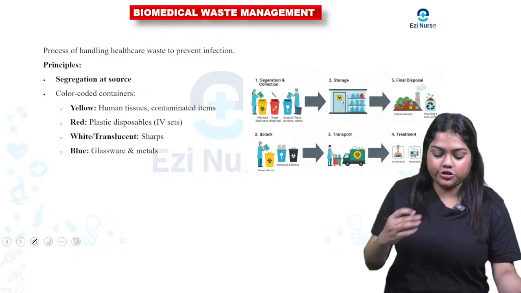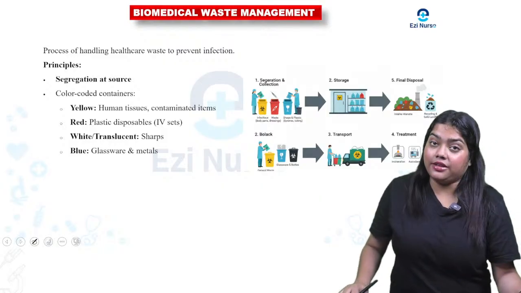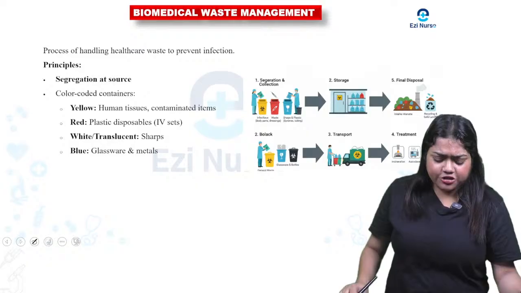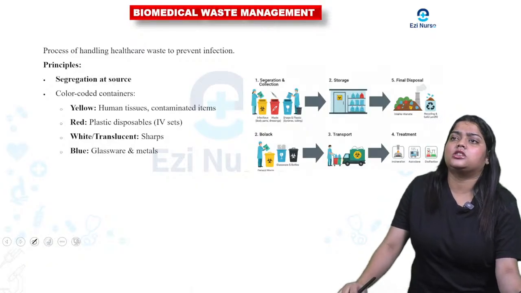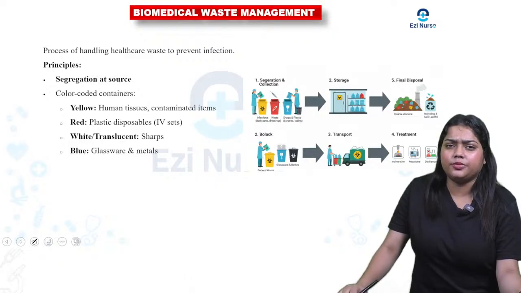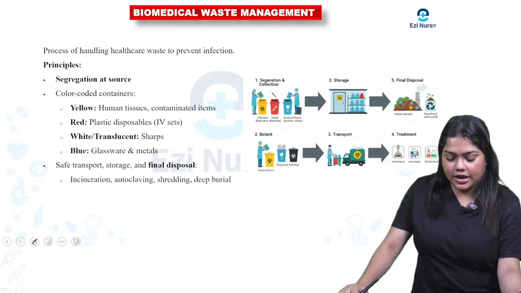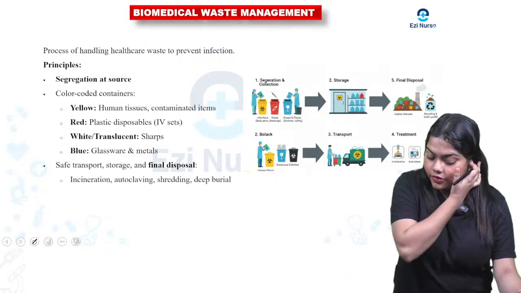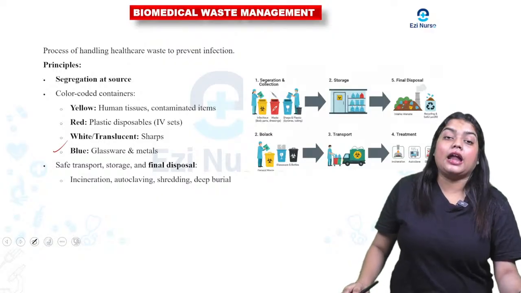Yellow for human tissue and contaminated items, red for plastic disposable IV sets, white and translucent for sharp items like broken glass, needles, surgical blades and syringes. Then blue for glassware and metals. Lastly, white is not for the glasses, blue is actually for glassware and metals.